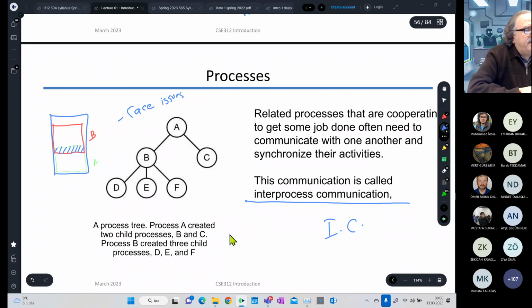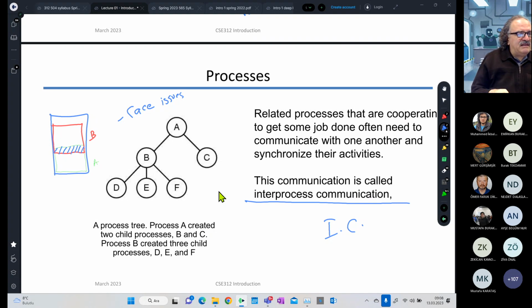By the way, in Windows, from the kernel of the system, we don't have a parent-child relationship. There are no parents and children in Windows in the kernel. They kind of make it look like they have a parent-child mechanism for you, but in the kernel we don't have it, at least how they document it.